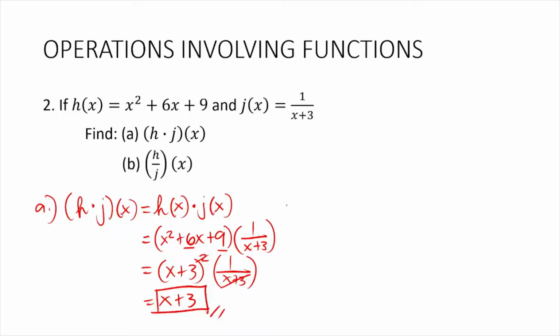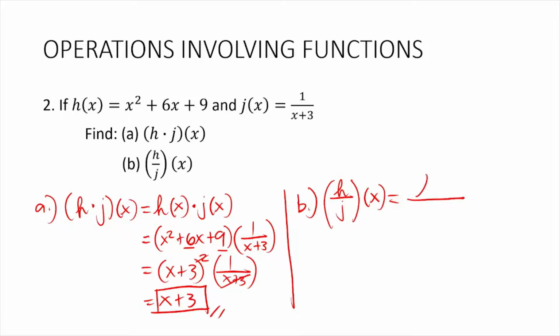Next, letter B, we are asked to find the quotient of h and j. So h divided by j of x, all right? And this is equivalent to h of x divided by j of x, okay?